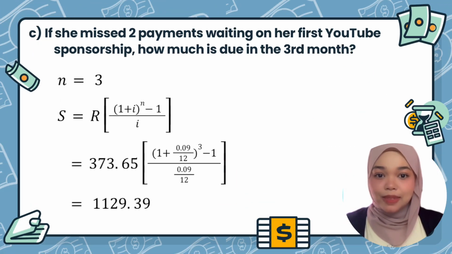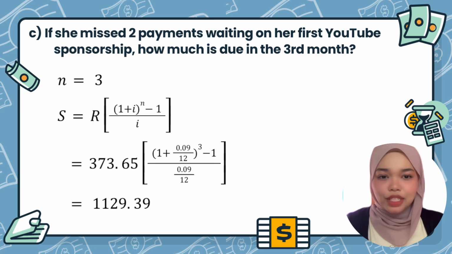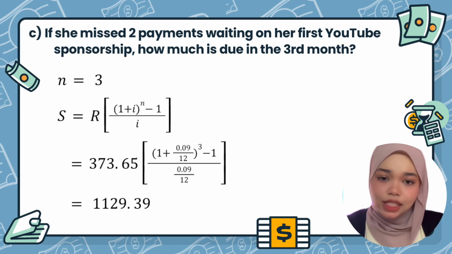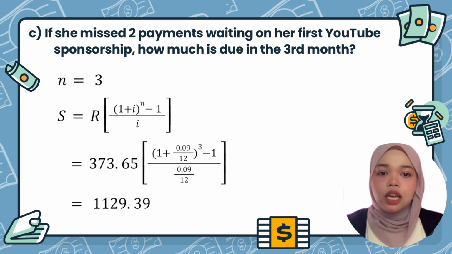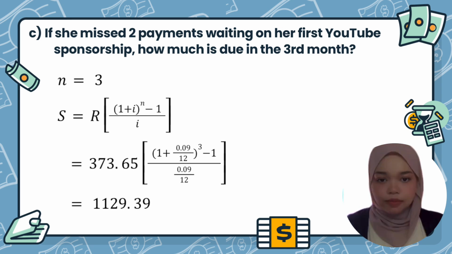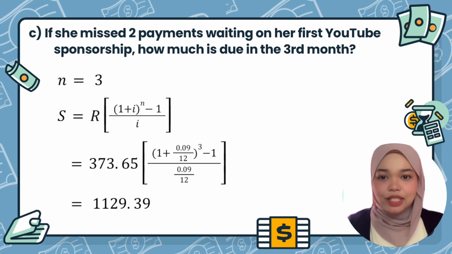Now, let's say she missed her first 2 payments because she was still waiting for her first YouTube sponsorship to come through. The question is, how much does she owe in the 3rd month when she finally starts paying? So, to find out how much she owes now, we use this formula.